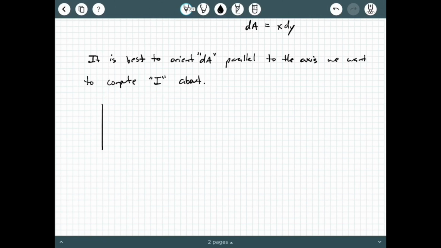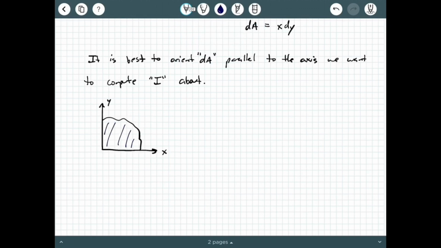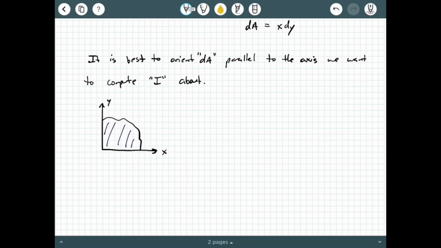So when we do some practice problems here in a few minutes, let's take a look at a couple of illustrations, okay? And this will help us set up how we're going to do practice problems. Let's say that we have some kind of area like this, and let's say we want I sub x. To compute I sub x, follow this sentence right here: it is best to orient dA parallel to the axis we want to compute I about.